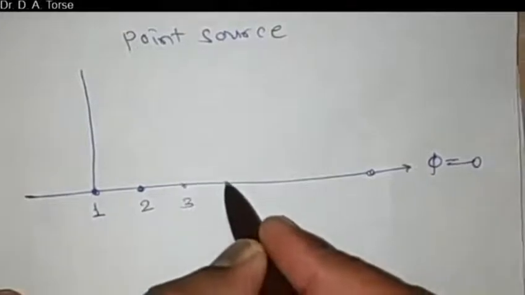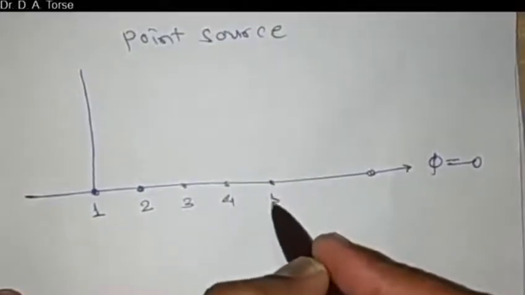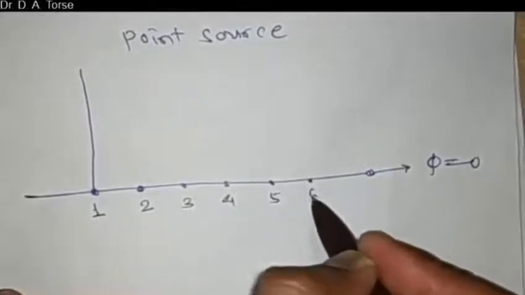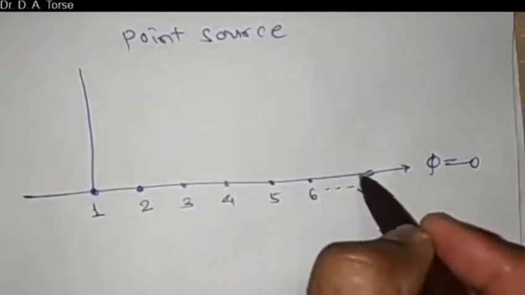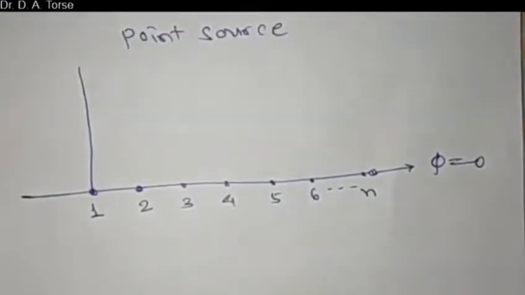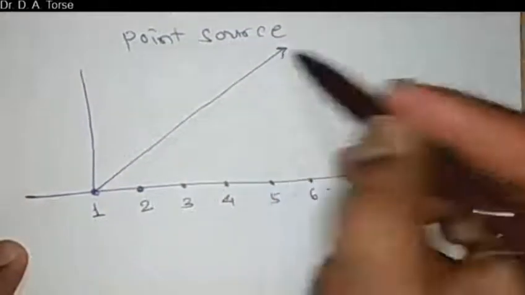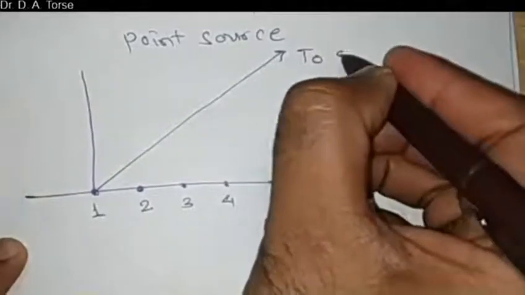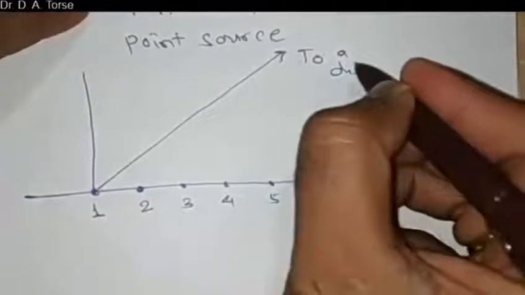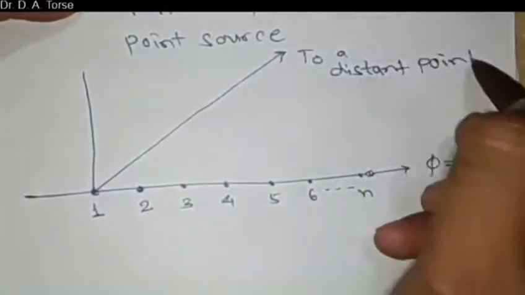We have considered 6 elements for simplification of the analysis, but in fact there are n such elements in this array. Again, in the same way as in the previous two cases, we are doing a measurement of the field radiated by these point sources at a distant point, that is in the far field.